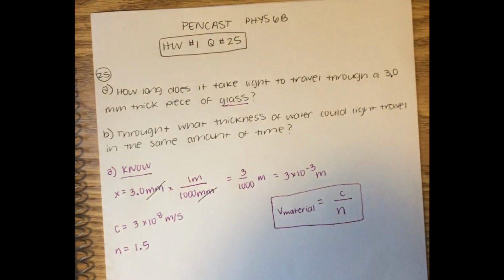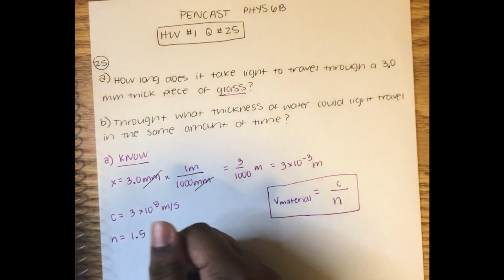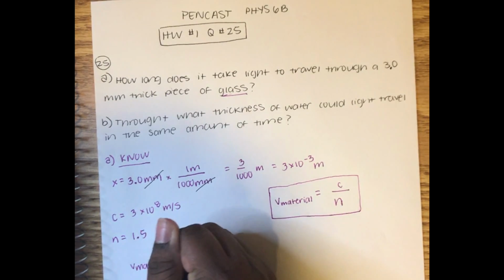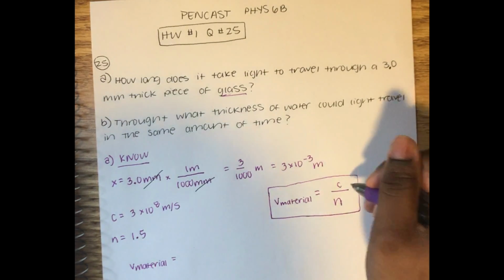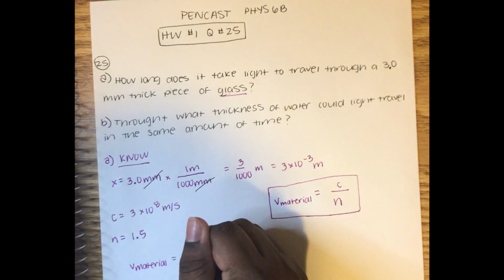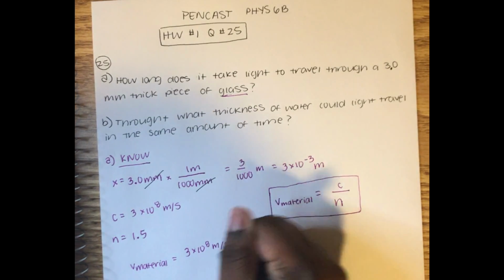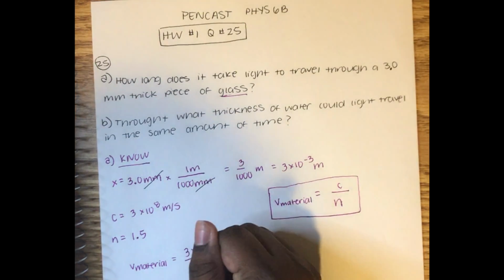Now let's plug all of our numbers that we know into this equation. Recall speed of light is 3 times 10 to the 8th meters per second, and the index of refraction for glass is 1.5.